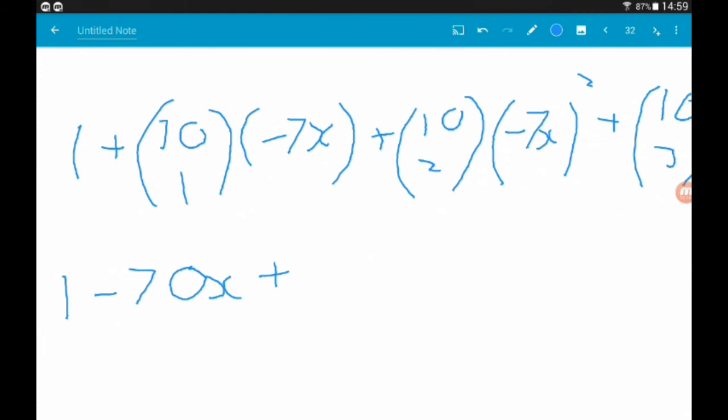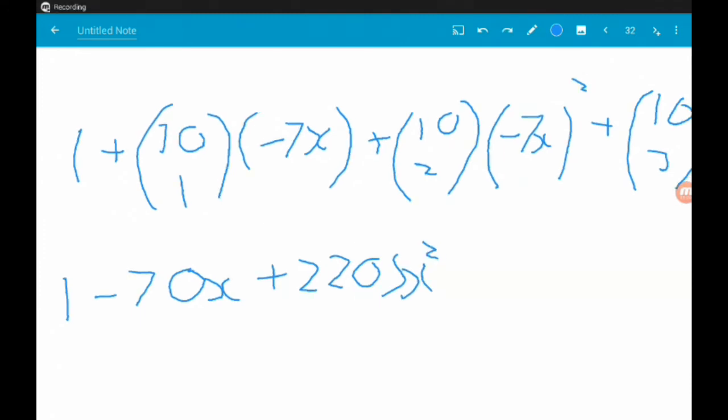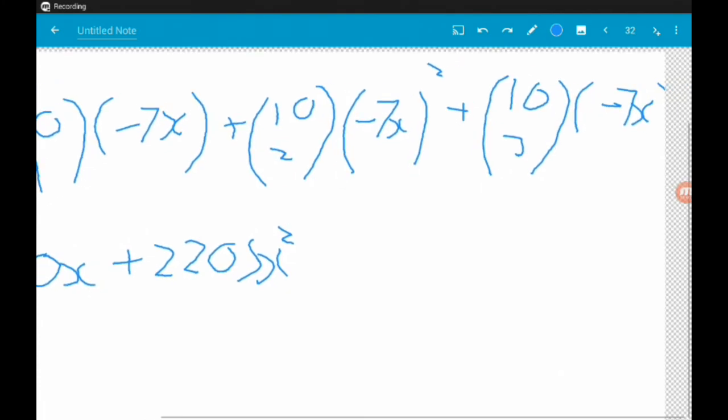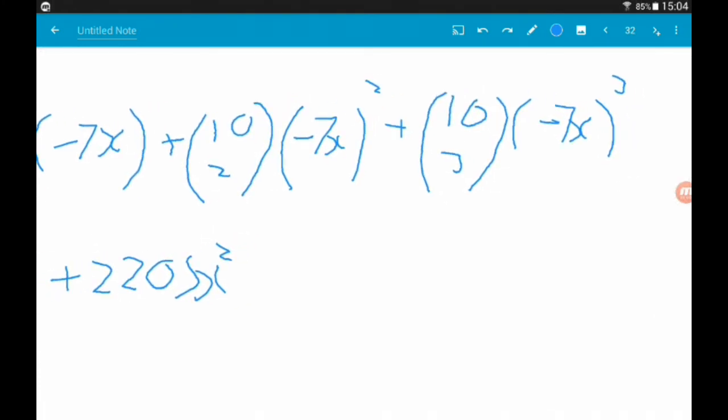Minus 7x squared is going to give us positive 49x squared. So 45 times 49 gives us 2,205x squared.